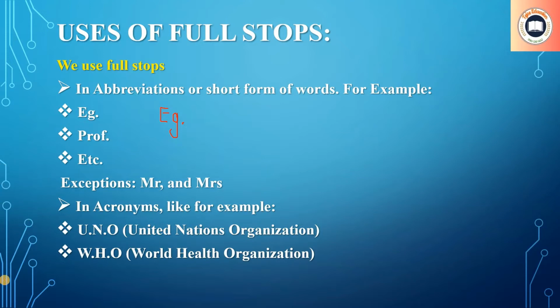There, I am telling about a specific person, Professor Gautam, and instead of writing professor, I am writing prof full stop. Even in the middle of sentences we use the abbreviation with the full stop.